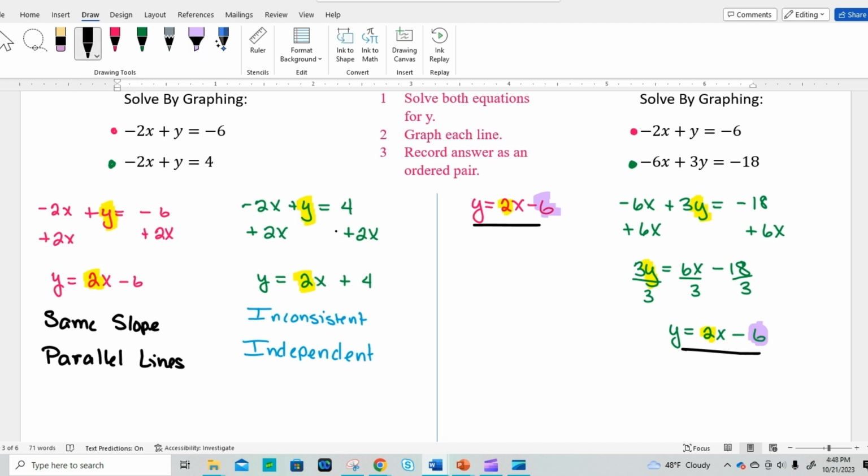So if I define that in words, I have the same slope, same y-intercept, I have the same line.